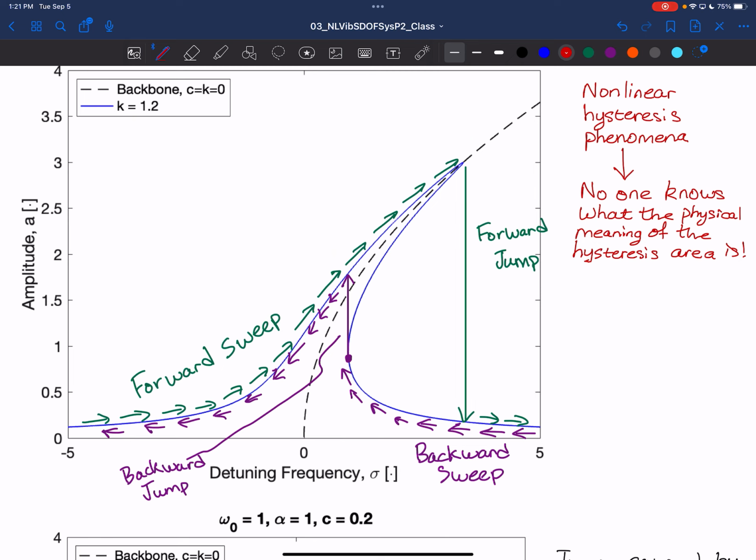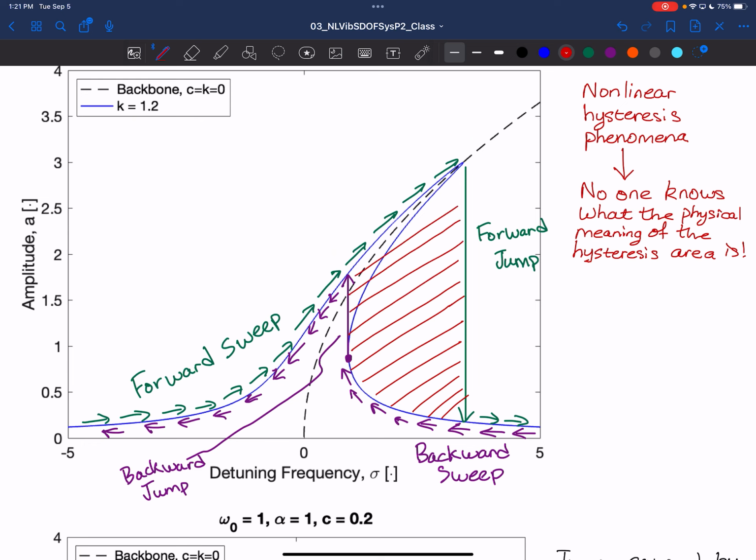Right here, what we end up getting is this hysteresis region. You can compute the area that I've just shaded here in red, and you'll get some number.